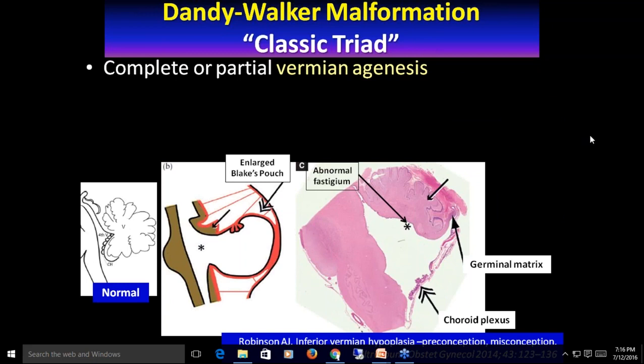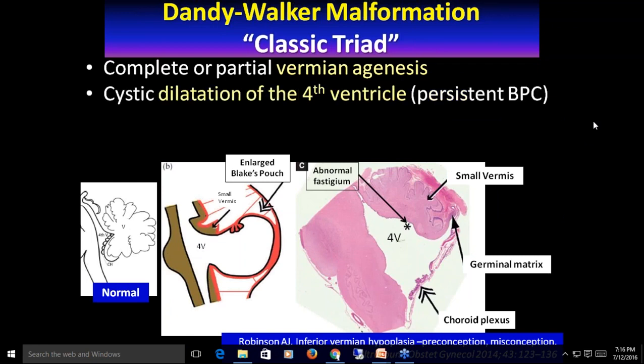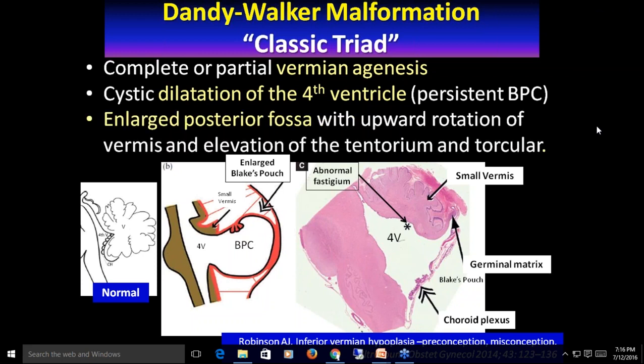The classic triad is complete or partial Vermian agenesis, cystic dilatation of the fourth ventricle, enlarged posterior fossa with upward rotation of vermis and elevation of the tentorium and torculum.